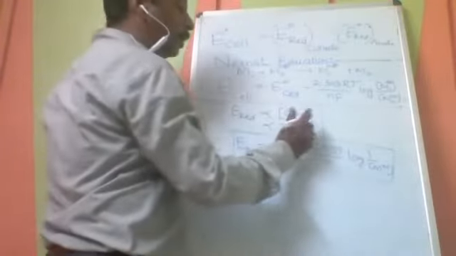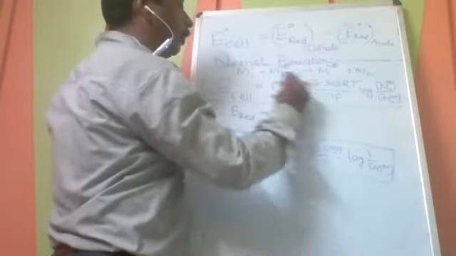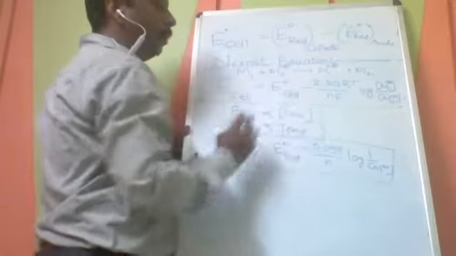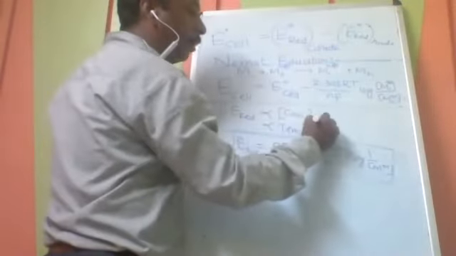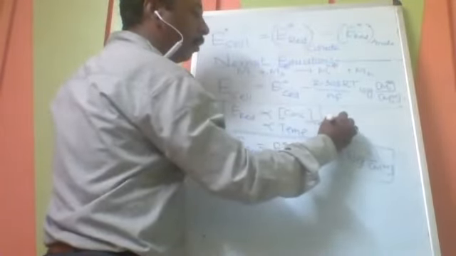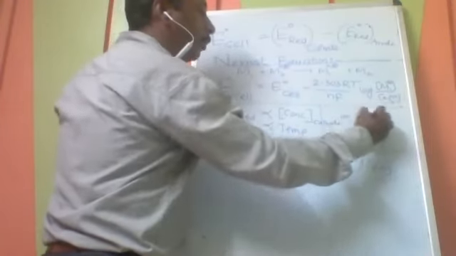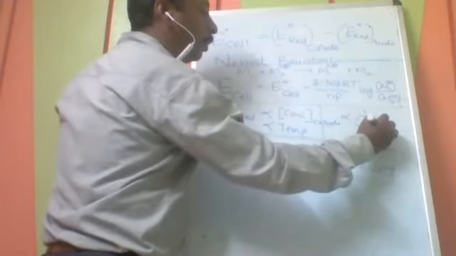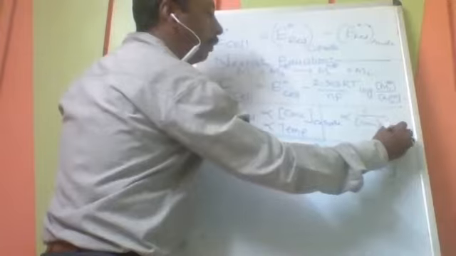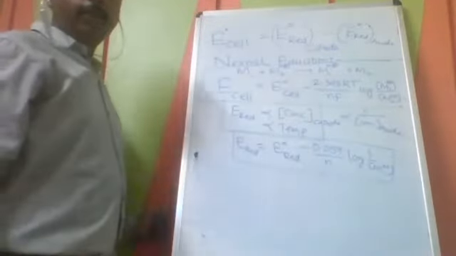So M1 is the anode and M2 is the cathode. The concentration of the cathode is directly proportional, and the concentration of the anode is inversely proportional. The new thing added here is concentration.